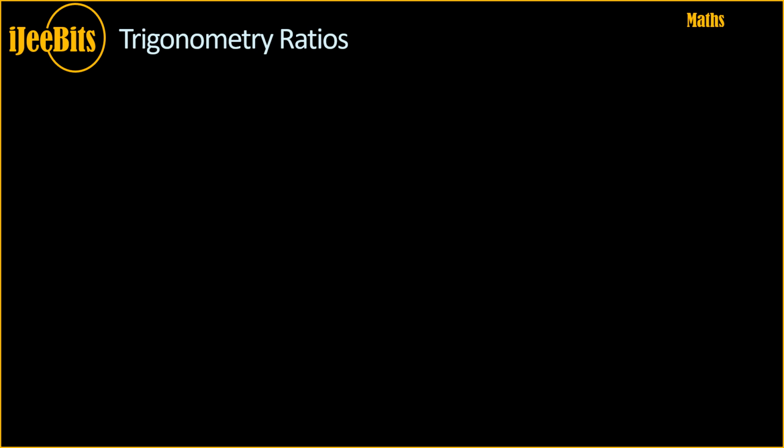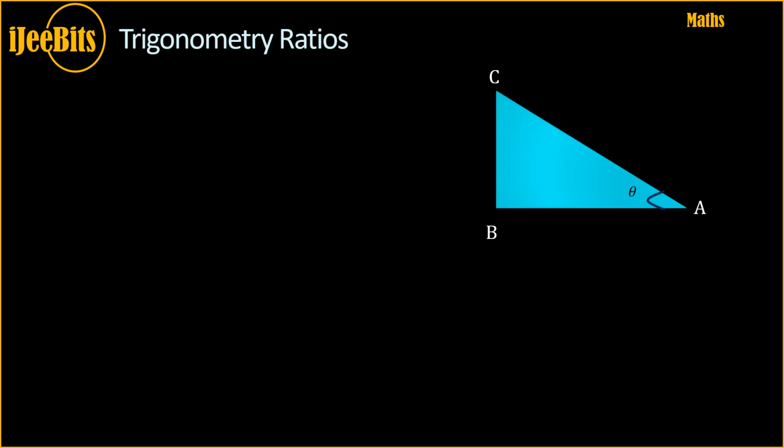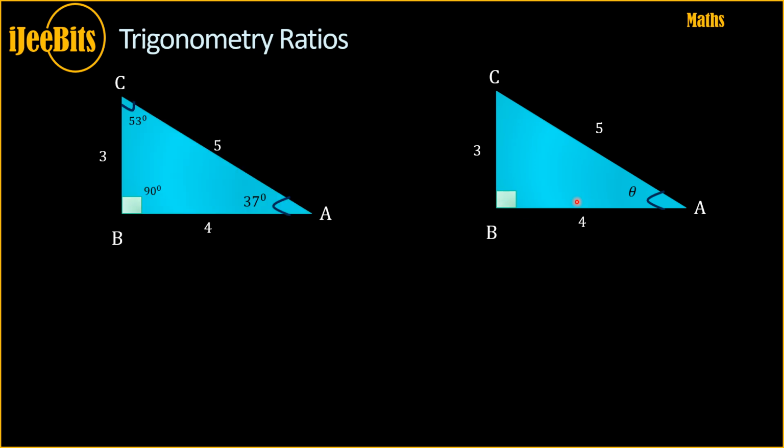Let's look at an example for the same right angle triangle, but now we are giving the sides. This triangle is known as a 3 4 5 triangle, where opposite is 3, adjacent is 4, and hypotenuse is 5, which is a right angle triangle.